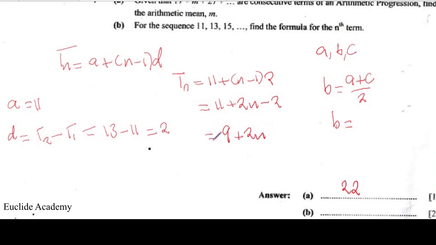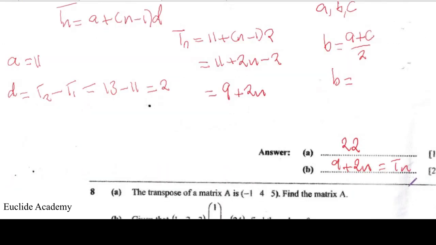So the nth term is equal to 9 plus 2n, and then you have to indicate that this is the nth term. Okay, so that is how we find the nth term.